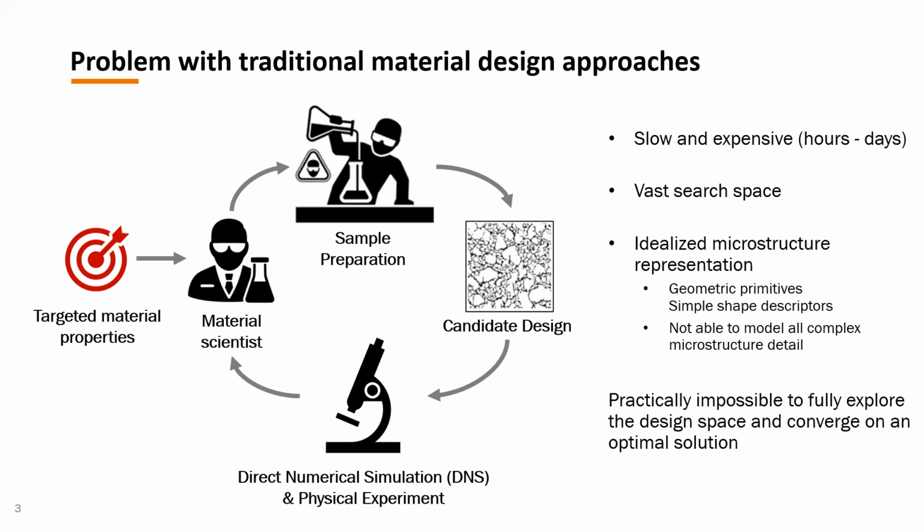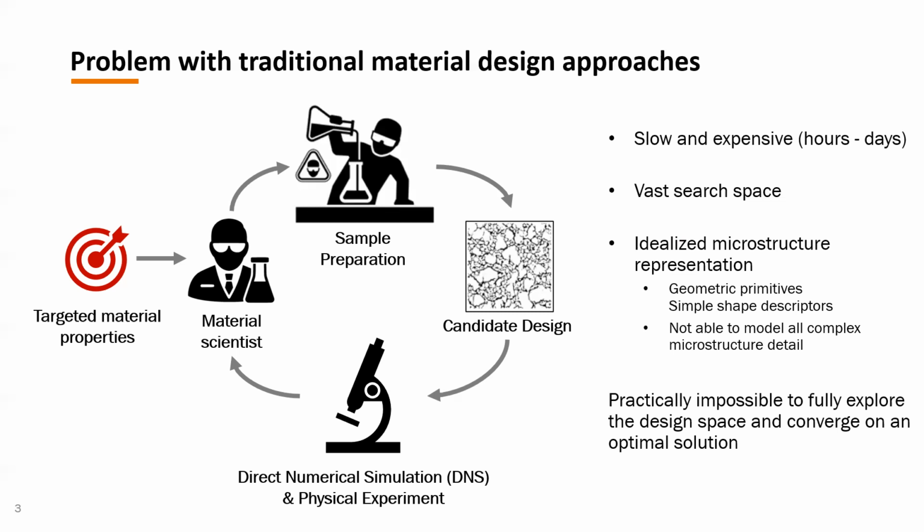I believe we may all have come across this process being very slow and expensive, as it takes multiple hours and days to evaluate a single case of the microstructure. And the design search space is very vast, as there can be more than thousands of microstructural designs we can prepare.